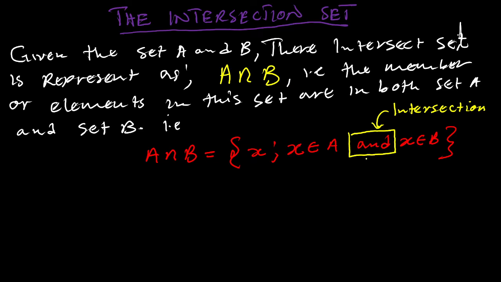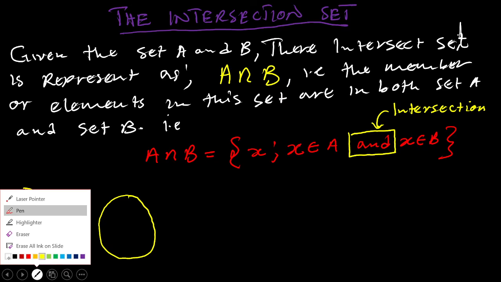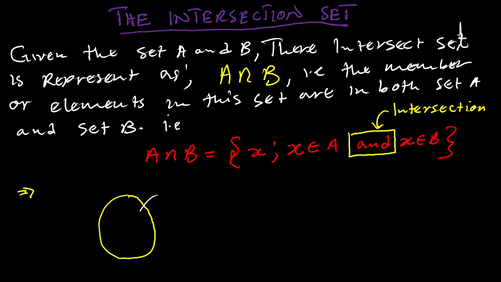Okay. Then, in terms of the Venn diagram presentation, there are two types of set that you need to know. What we have is a joint set.